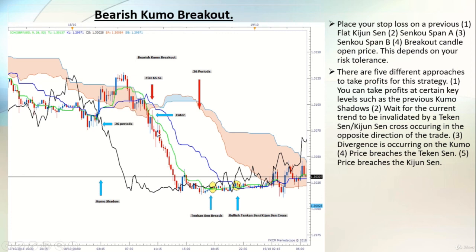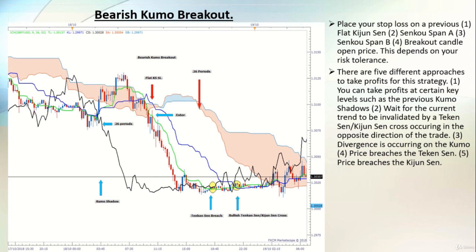The Tenkan-sen was a good resistance area. But if you looked at the previous example, when we did a bullish Kumo breakout, the price was breaching the Tenkan-sen quite often, and most likely we wouldn't have made that much profit. So I think you should only use this if the news outlook is very bad. Then you can consider getting out of the trade itself.